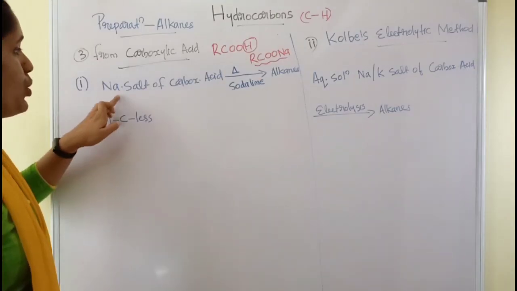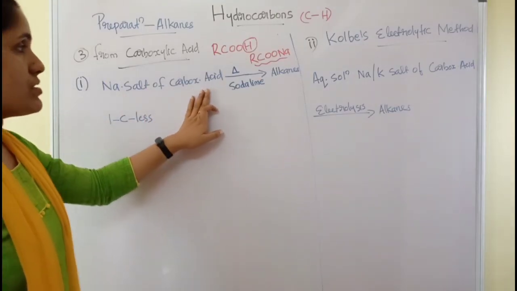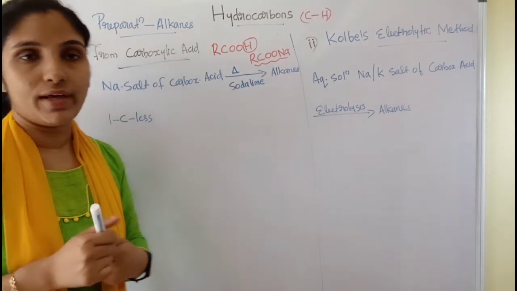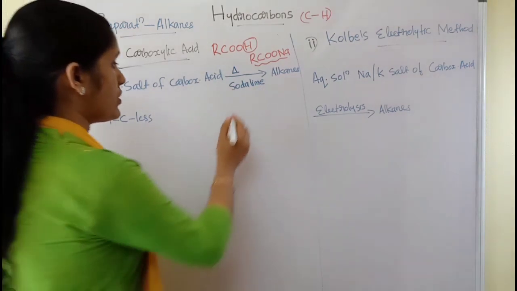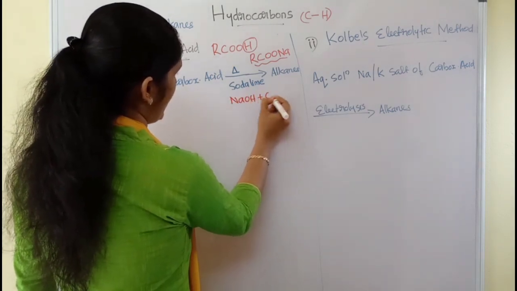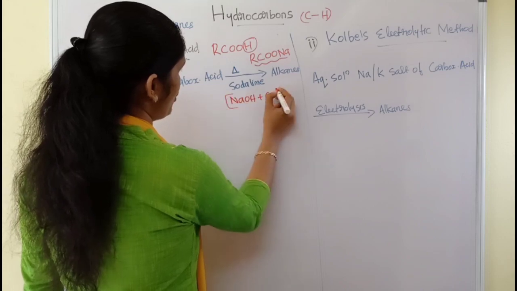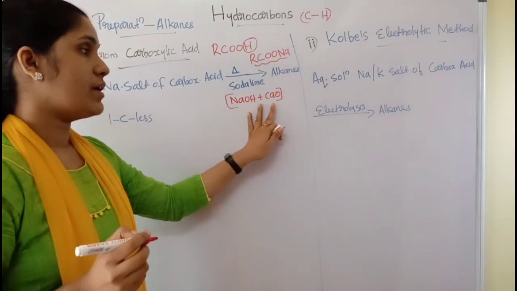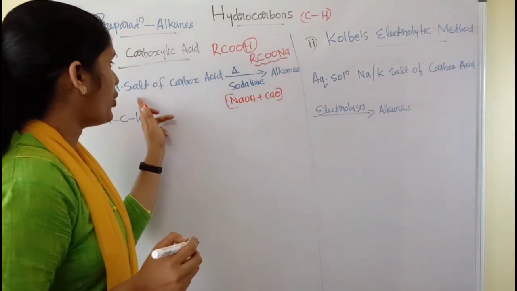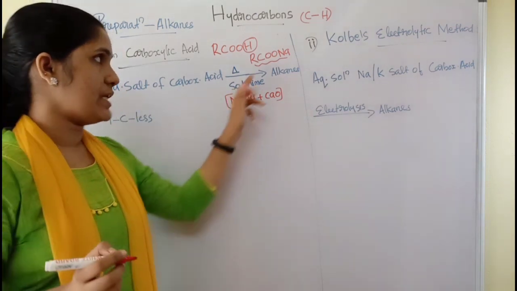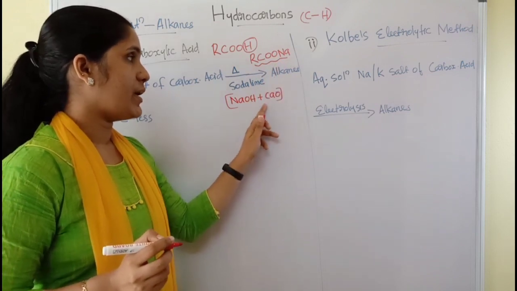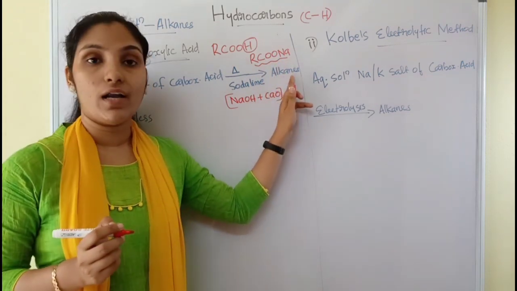So sodium salt of carboxylic acid is heated in presence of soda lime. Soda lime is a chemical which is the combination of sodium hydroxide plus calcium oxide. So sodium salt of carboxylic acid, that is RCOONa, on heating with soda lime, we will get corresponding alkanes.